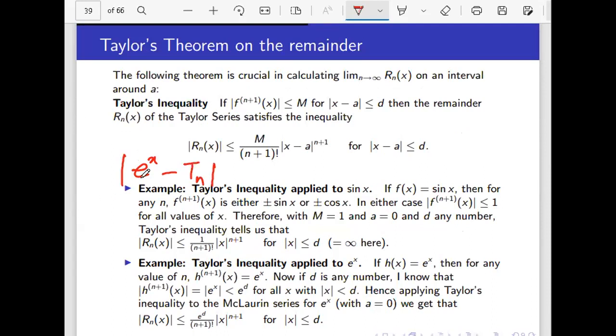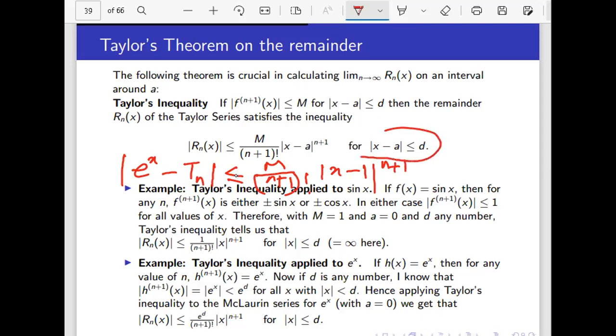The distance between the original and the Taylor polynomial of exponential around 1 is less than M over n plus 1 factorial times x minus 1, the point is 1 now, to the power n plus 1.